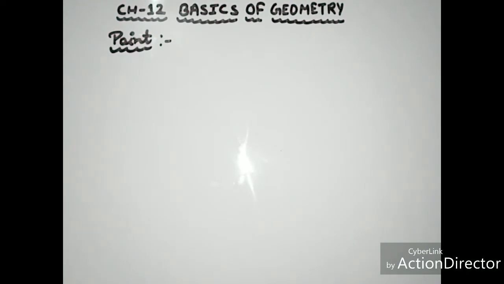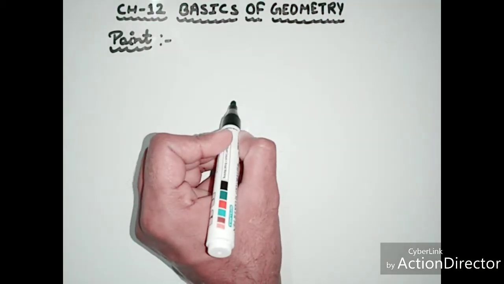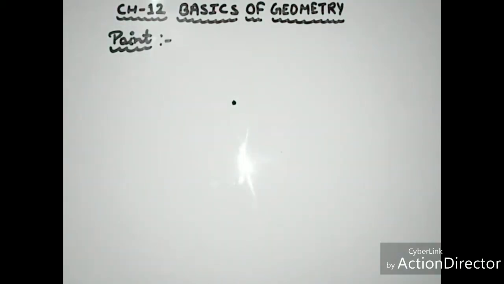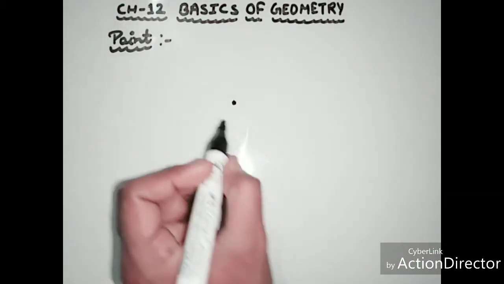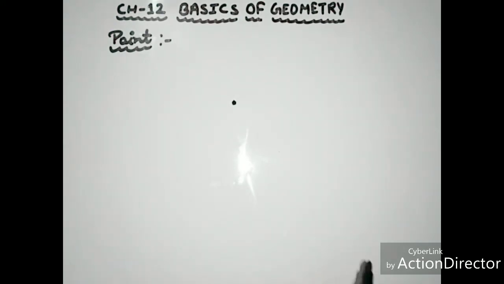A point is an exact location in a plane or space. Like if you mark one point here, this is the exact location on this plane surface. A point has 0 length, 0 width and 0 height.